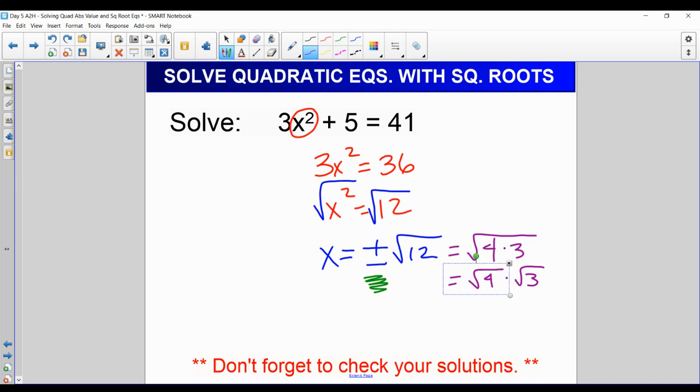So if I wanted to write this in its simplest form, with no perfect squares under the radical, I would say x equals, and I have this plus or minus still here, plus or minus 2 times square root of 3. And that would be my simplest answer, and there are two different answers.